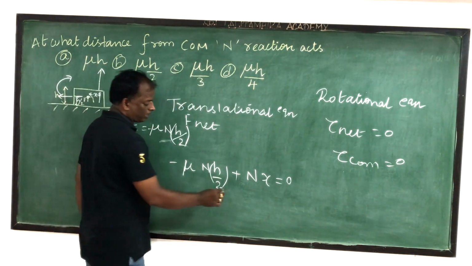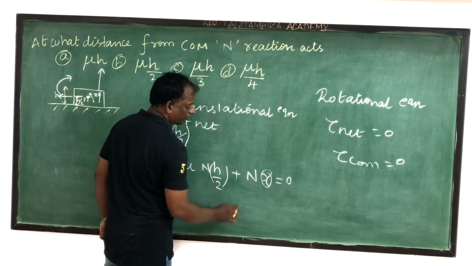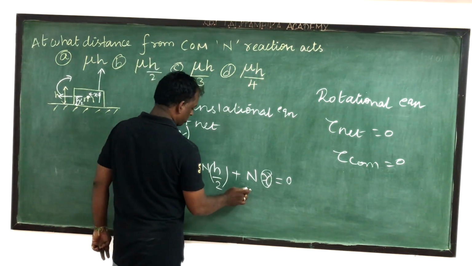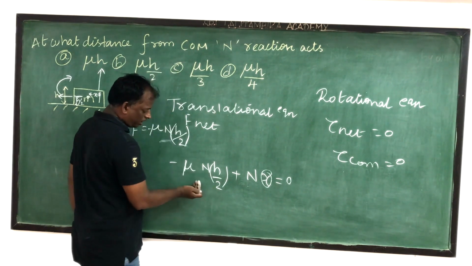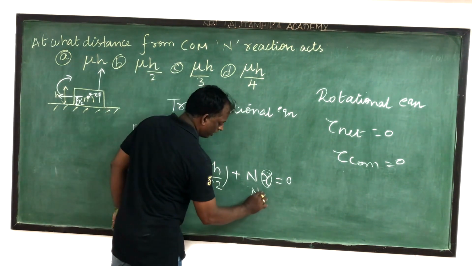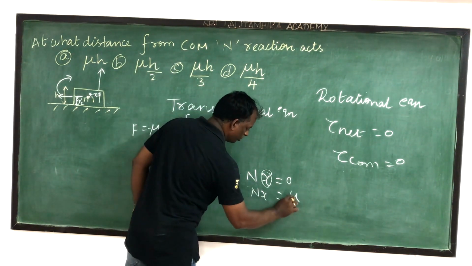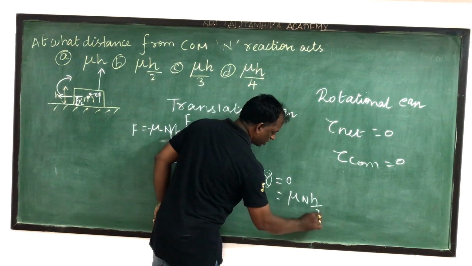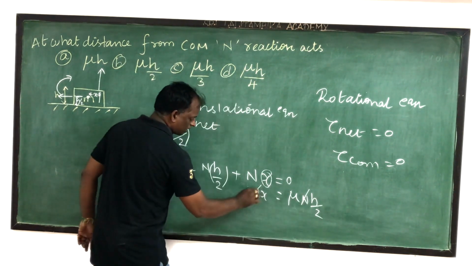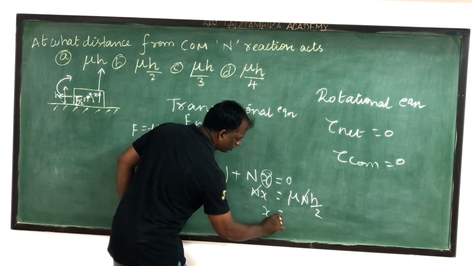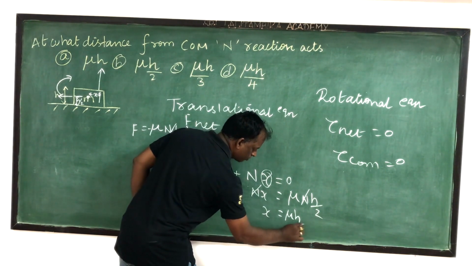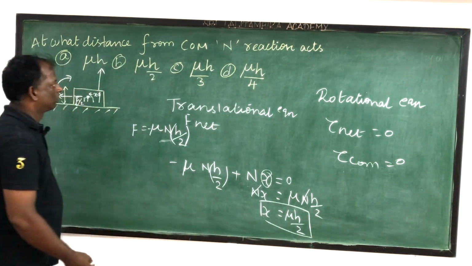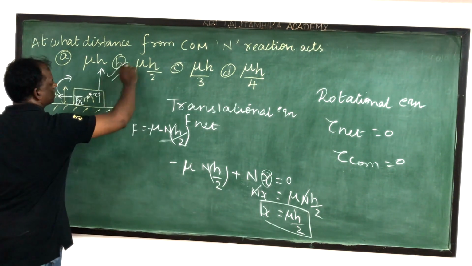So what is N x? We want x. So now we can take this equation to this side: N x is equal to mu N h by 2. So we can cancel this N: x is equal to mu h by 2. So this is the answer. So the option is B.